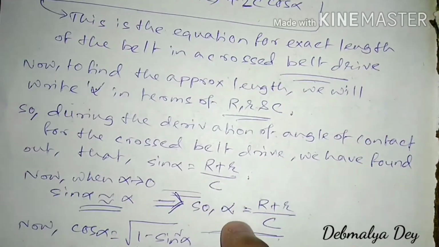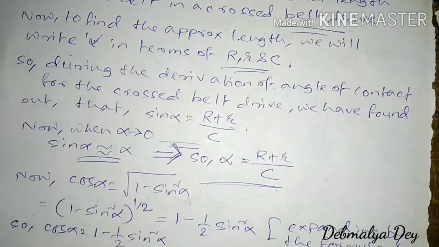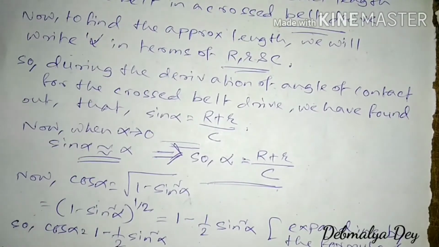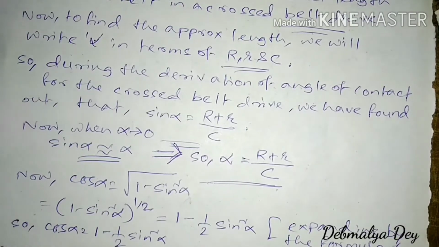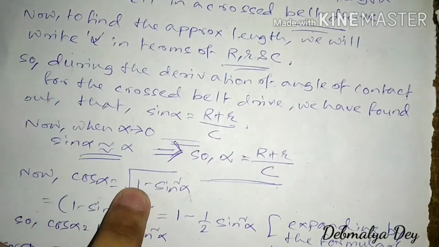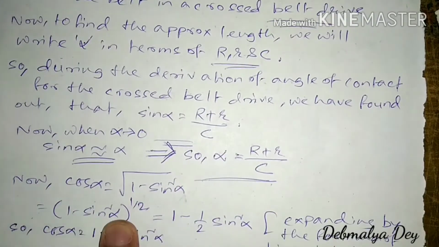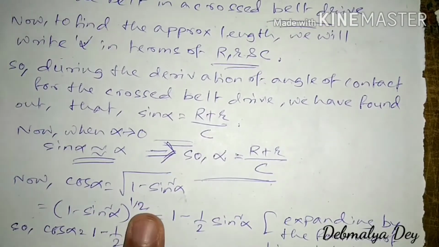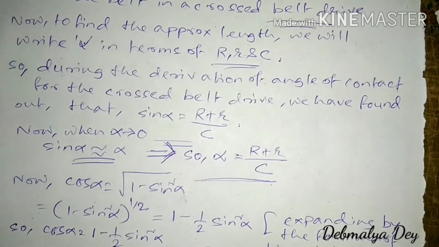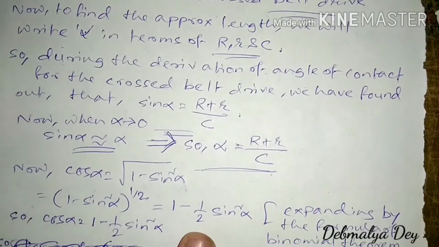We need to remember these things. Now from trigonometry, that is sin square theta plus cos square theta equals 1, we can write that cos alpha equals root over 1 minus sin square alpha. Now 1 minus sin square alpha to the power half, we have expanded with the use of the formula from the binomial theorem that we learned in infinite series. From basic mathematics I explained the formula in the previous derivation.